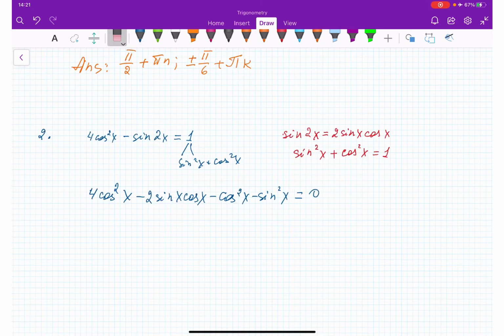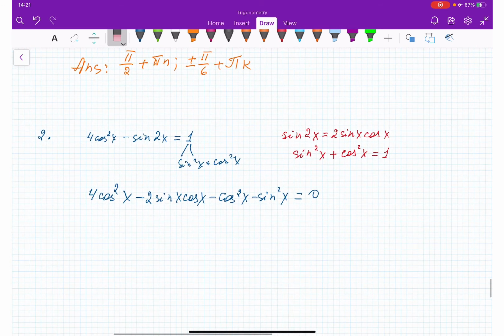Now, as I have mentioned in my previous video, when you have multiplication between sine and cosine, and a separate term is a sine and a separate term is a cosine, then usually you go for help using either tangent or cotangent.